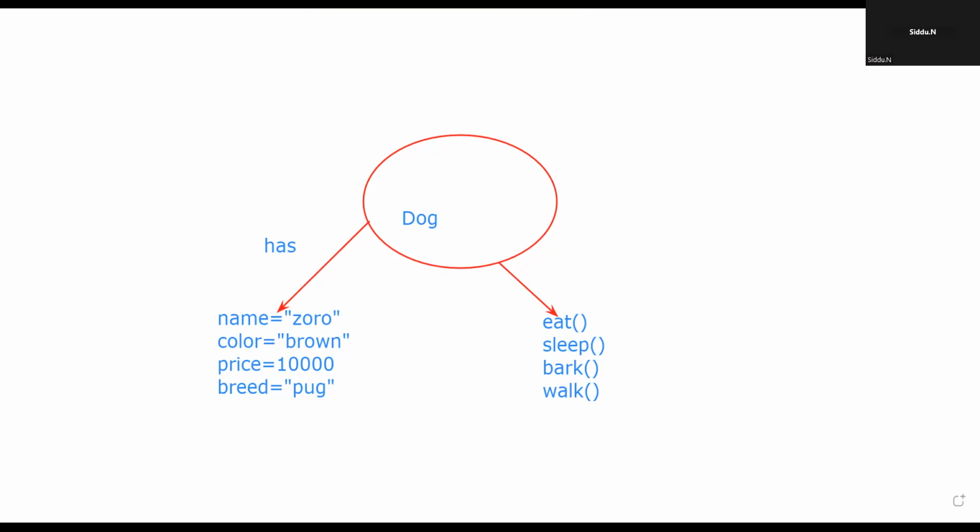Okay, class Dog, so brown, public void eating. Sleep. Yeah. Good, good, Sumati. Oh, correct.